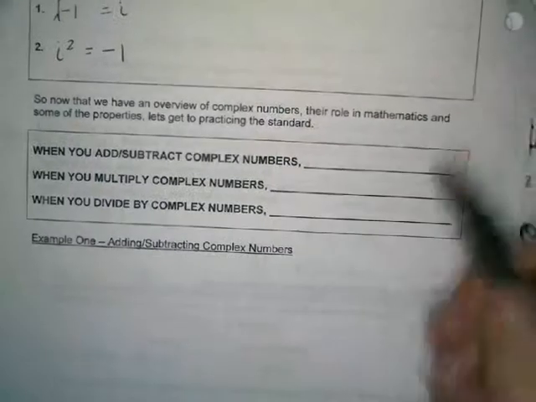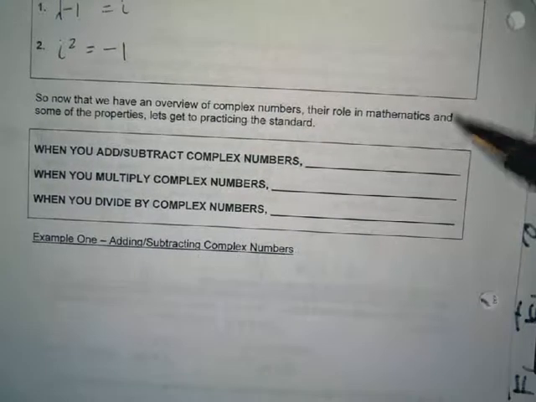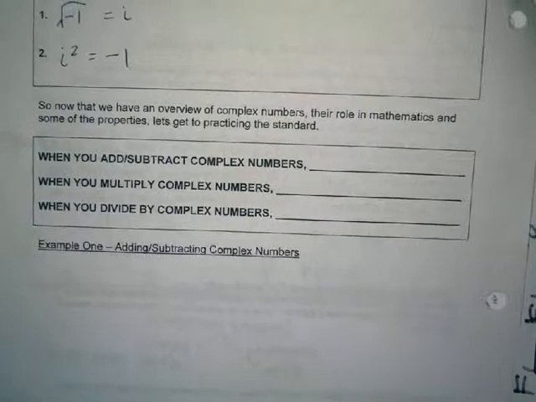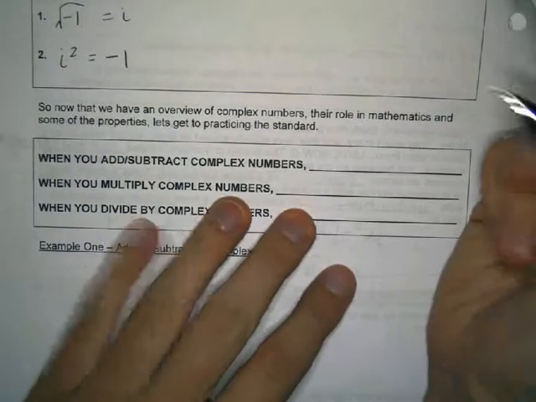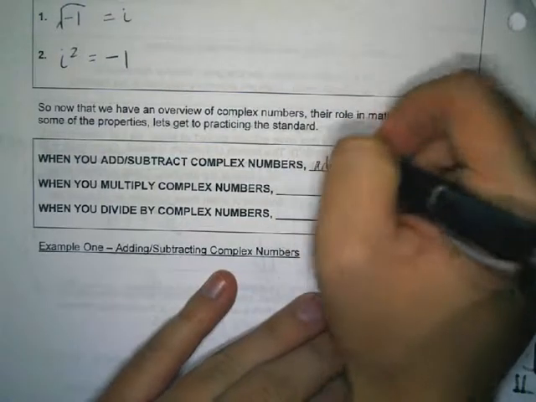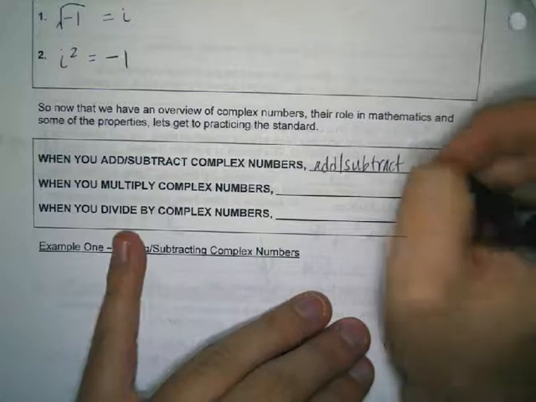Alright, so you have an overview of complex numbers, their role in math, and some of the properties. So we're going to get practicing the standard, which is to multiply, add, divide, and subtract. Alright, so to add and subtract complex numbers, you add, subtract your like terms.